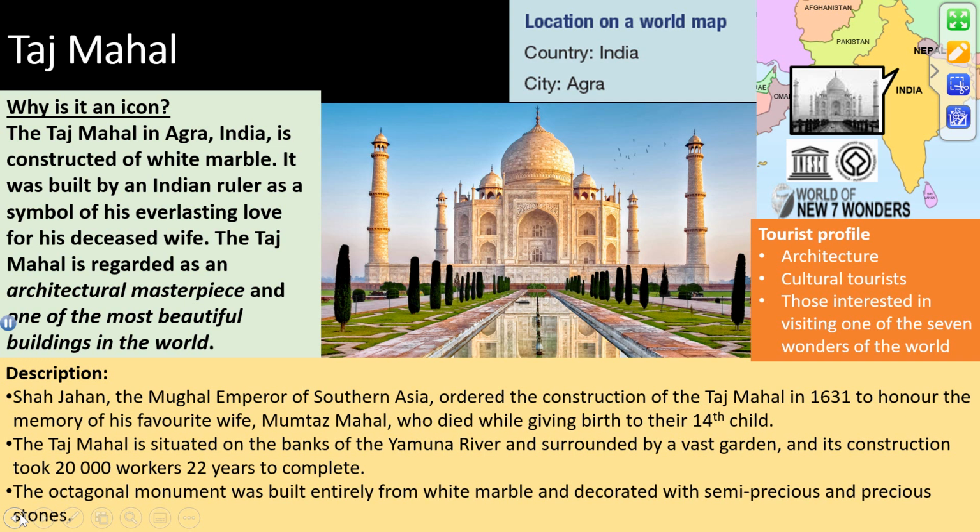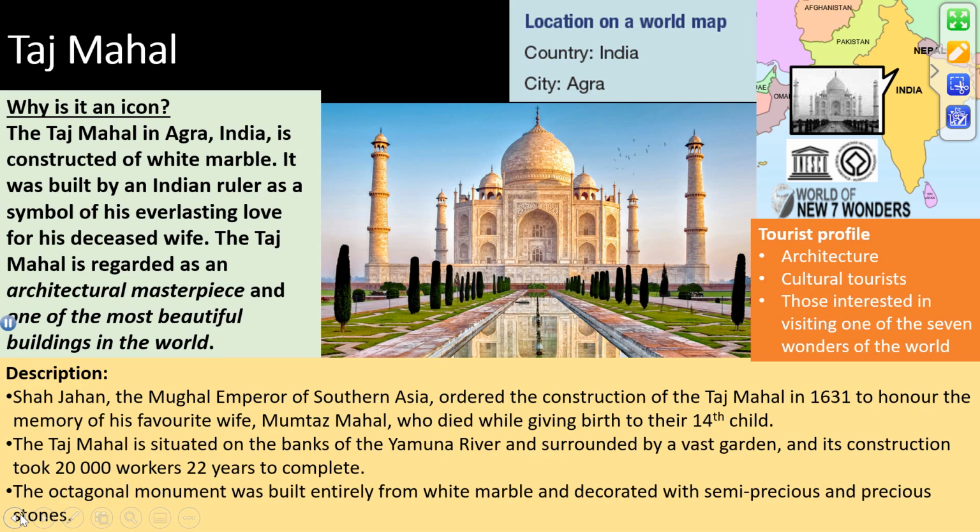Undisputedly one of the most beautiful buildings in the world, this Taj Mahal is constructed of white marble. It was built by an Indian ruler whose name was Shah Jahan, and it is a symbol of his everlasting love for his deceased wife.